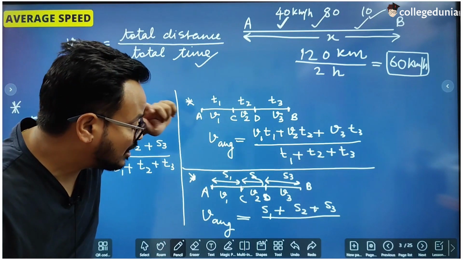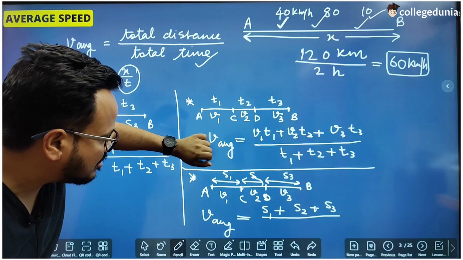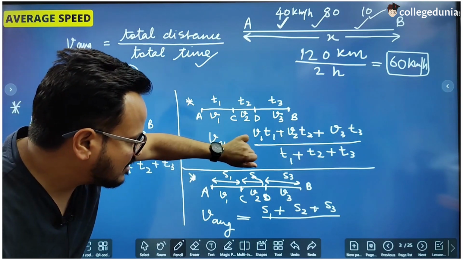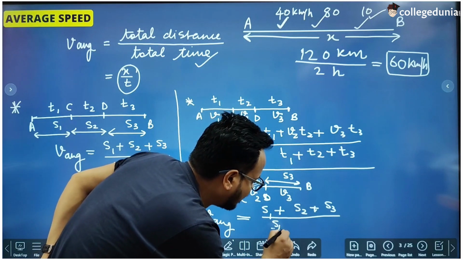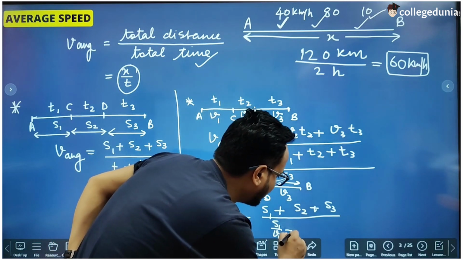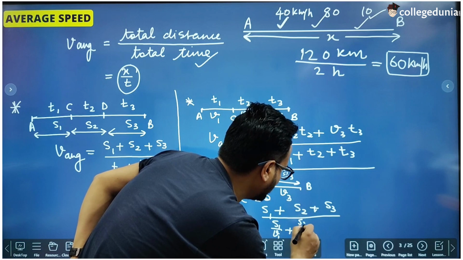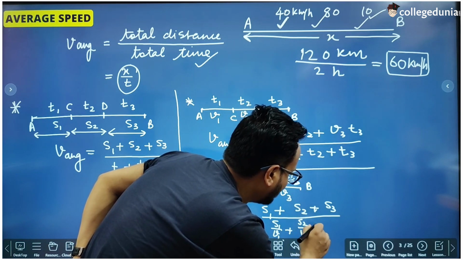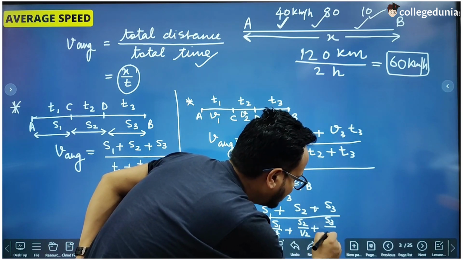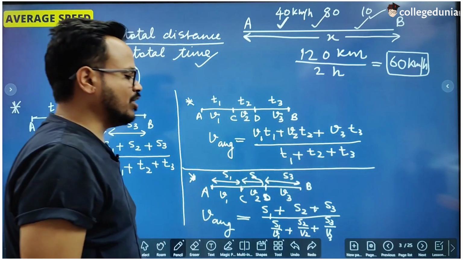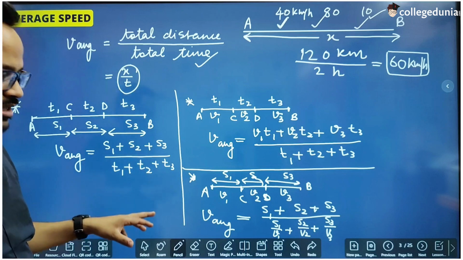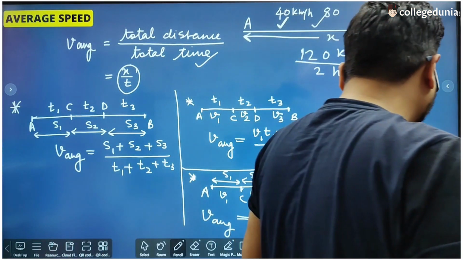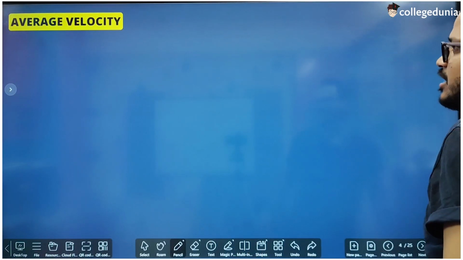So from A to C, the time is S1 by V1, plus S2 by V2, plus S3 by V3. So you can get these three situations in numerical problems. We are going to discuss some important numericals based on this concept of average speed.